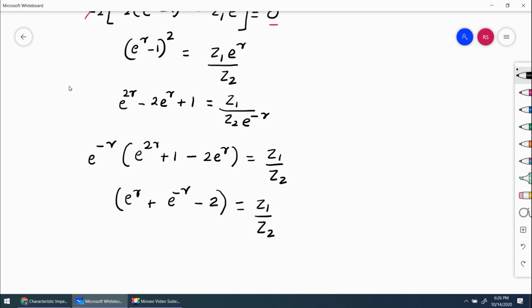Okay, over here it is actually e to the minus gamma and e to the gamma, this will get equal to 1.